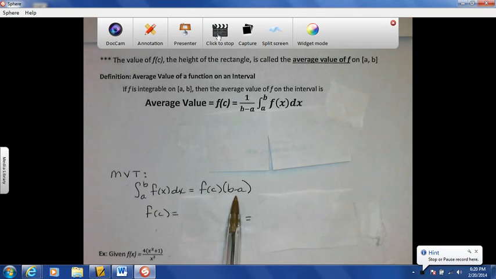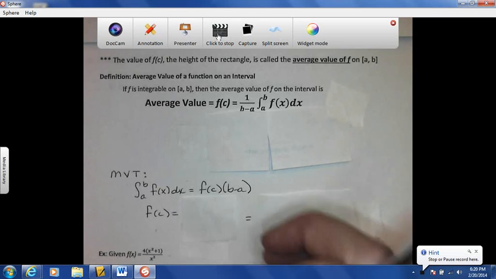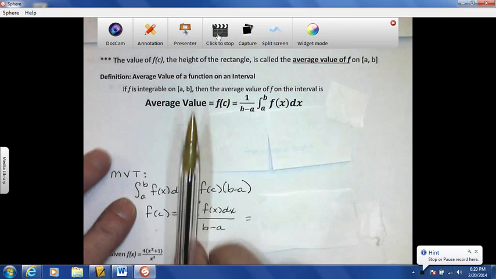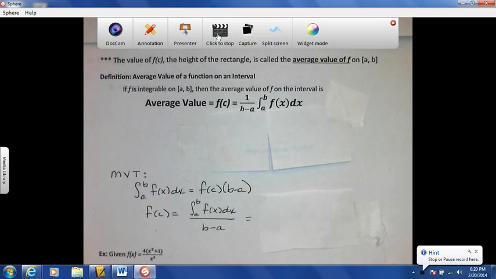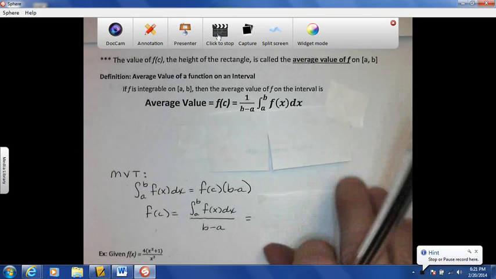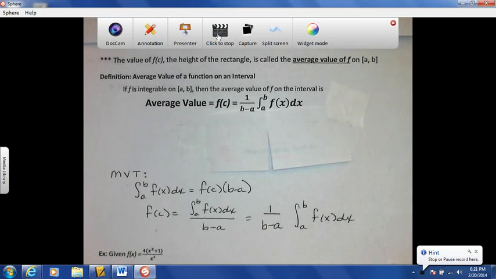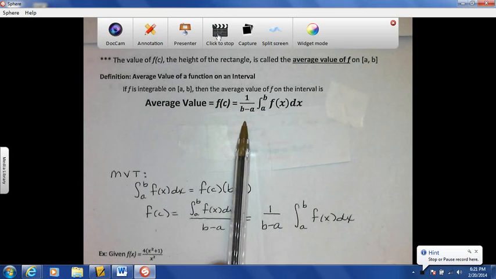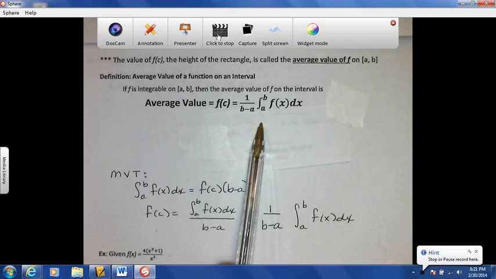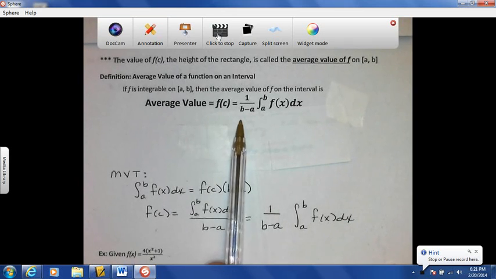If I solve for f of c, that means I'm going to divide both sides by b minus a. So we end up getting the integral from a to b of f of x dx divided by b minus a. Now, we don't typically write it with the b minus a in the denominator like that. We usually rewrite it as a fraction out in front.